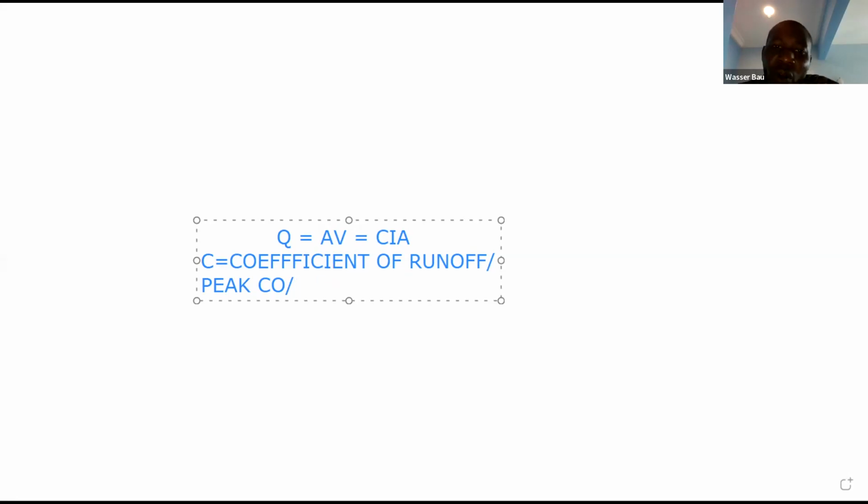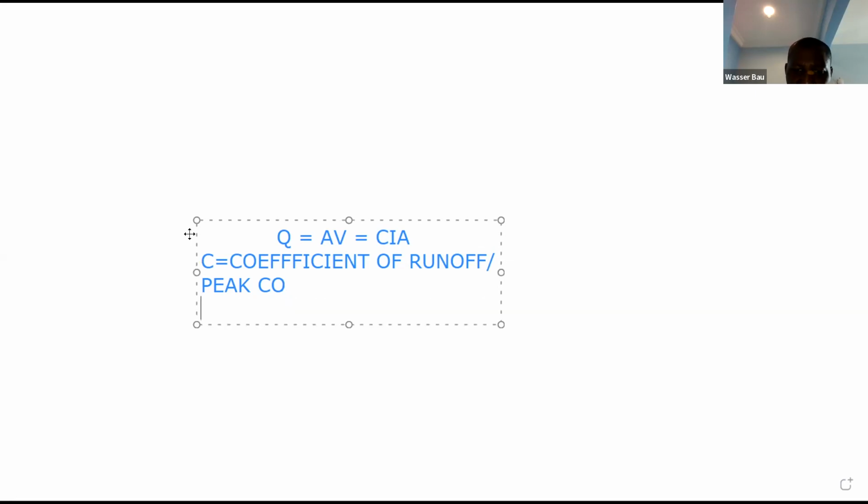So what this factor is, let me explain everything first. Enumerate everything first. So this is for storm. I is your intensity of rain, which you have to use the maximum probable flood, maximum probable runoff. The maximum anticipated rain is what you use for your design, the maximum precipitation.